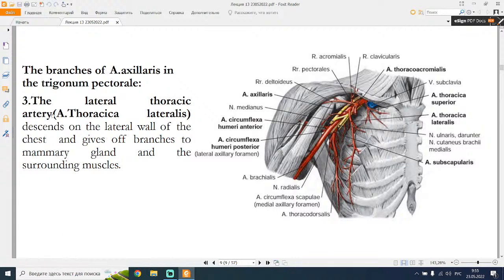The branches of arteria axillaris in trigonum pectorale. The lateral thoracic artery, arteria thoracica lateralis, descends on the lateral wall of the chest and gives off branches to the mammary gland and the surrounding muscles.